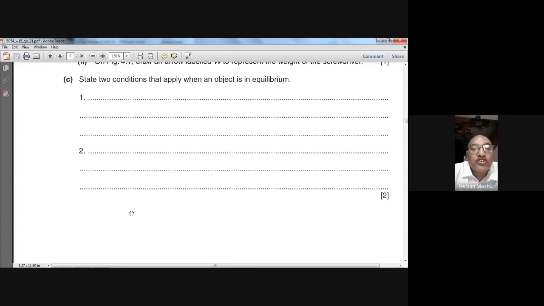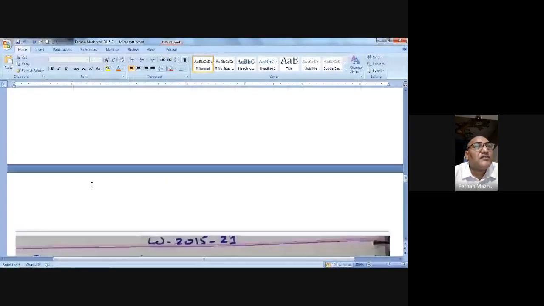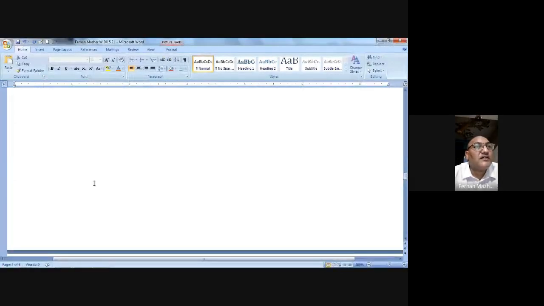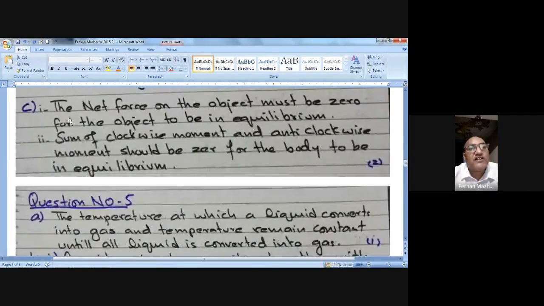So these are the two conditions for a body to be in equilibrium. It's a 2-mark question. I have written this answer also. Let me show you my answers. Yeah, here we go. On your screen, you can see question C. These are the first and second parts, the two conditions for equilibrium. The first one is that the net force on the object must be zero.